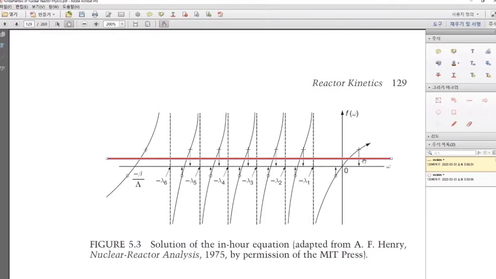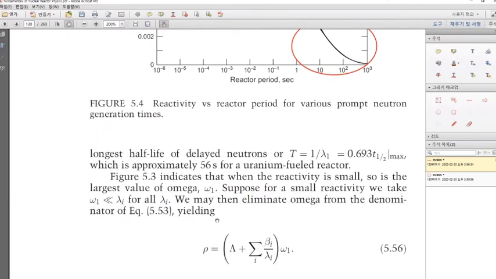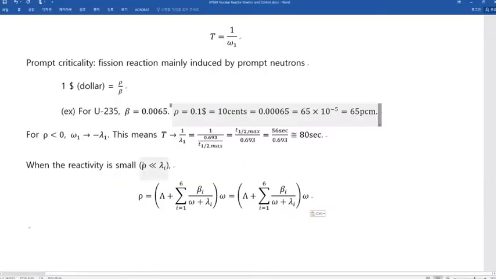So the general rule is that when reactivity is small, omega will also be very small. I'm sorry, maybe I need to fix this. Instead of omega, this one should be omega 1.